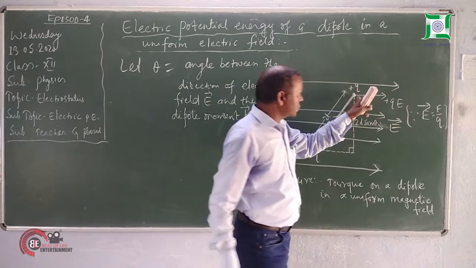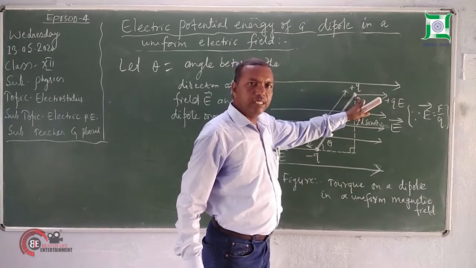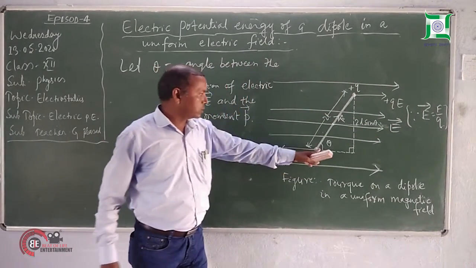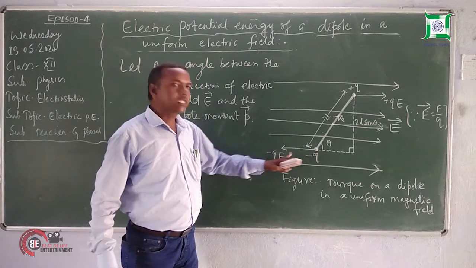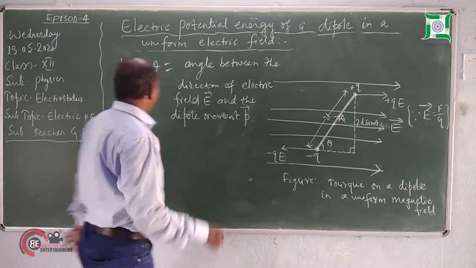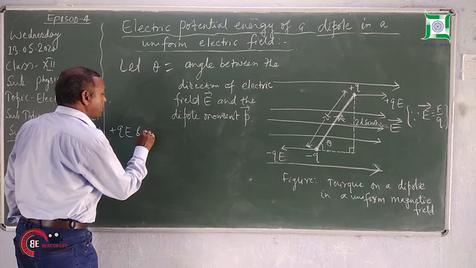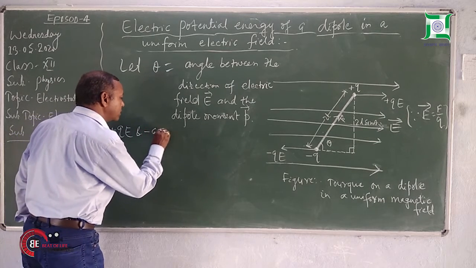Force acting on this point charge on this side is plus QE, and the force acting on this side is minus QE. So we write here plus QE and minus QE.